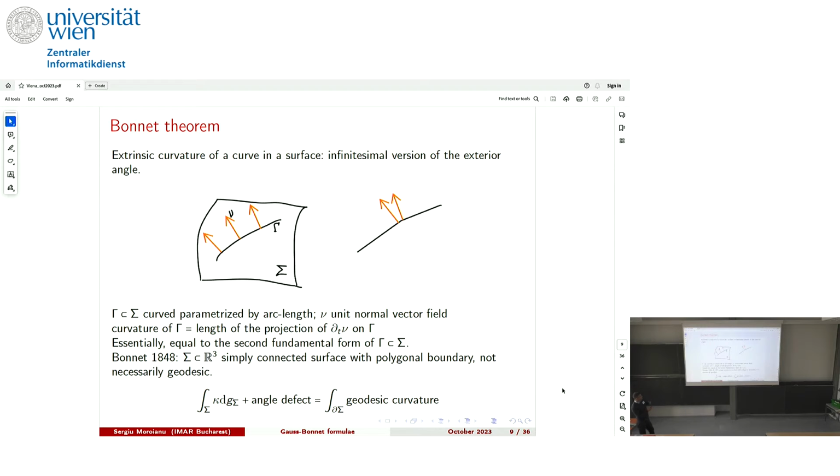The Gauss formula was generalized by Bonnet for triangles, or polygons, which are not geodesic. In that case, Bonnet has a contribution from the sides, and his contribution is like a smooth version of this exterior angle. You see, these two vectors are not exactly the same.